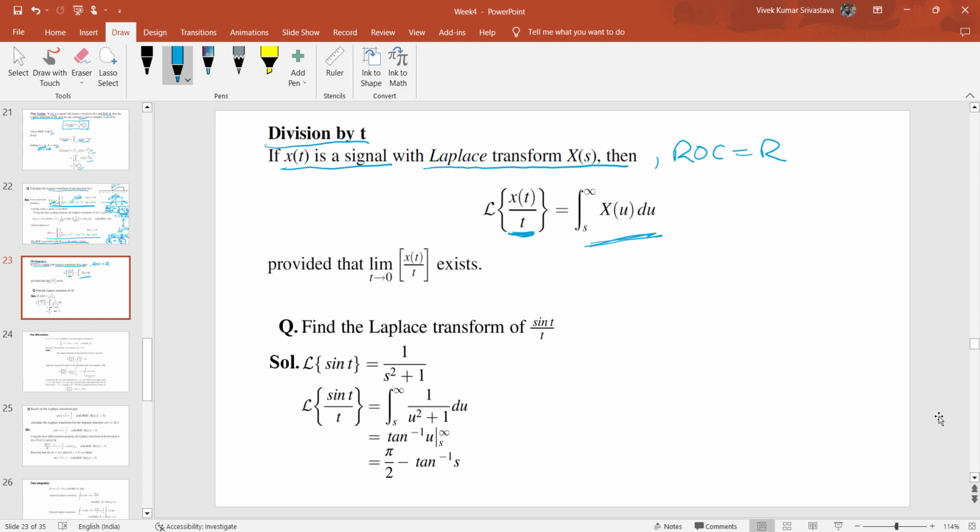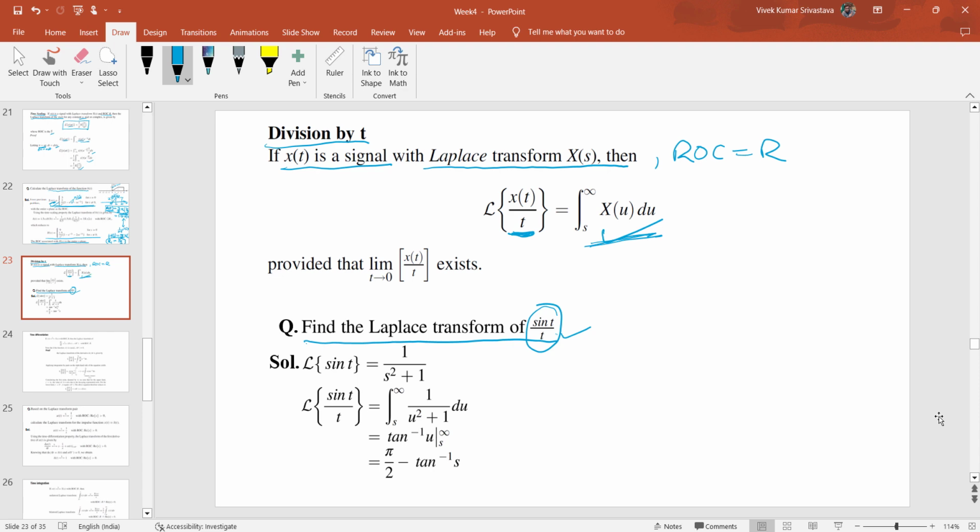Okay, so let us suppose this signal sine of t by t is given to us, and we have to evaluate the Laplace transform of this signal. For that we will use this property.